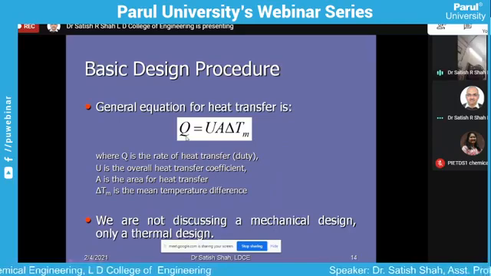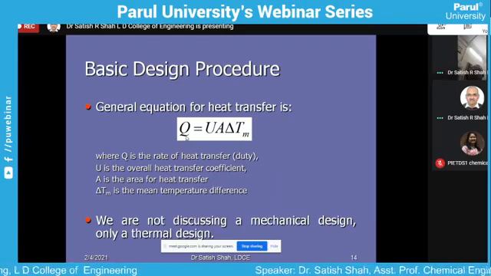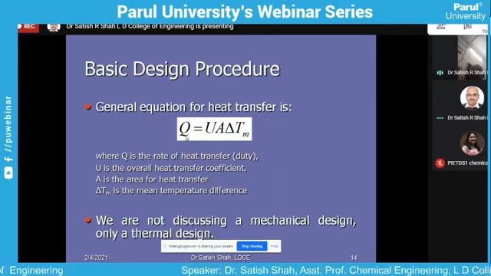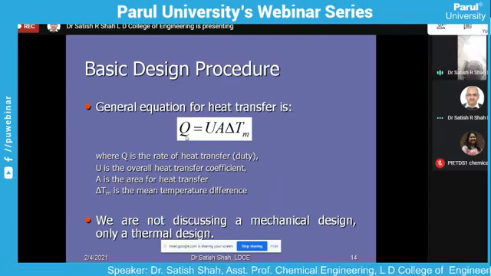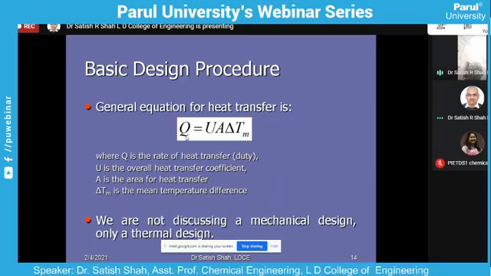Now see, basically what is Q? Quantity of heat transferred. How can you calculate the quantity of heat transferred? It is m Cp delta T, or it is m into lambda. When there is no phase change, you can calculate the heat load by the formula Q is equal to m Cp delta T. And when there is phase change, you will calculate Q is equal to m into lambda.